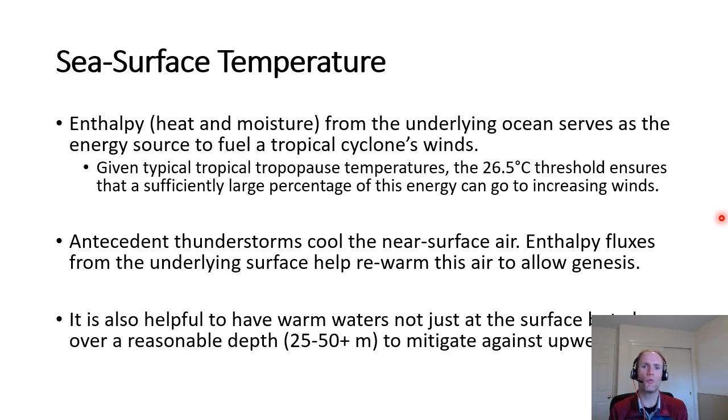So that's going to bring water from beneath the surface toward the top, and we want that to be sufficiently warm so that when we have a tropical cyclone already in place, it will be able to maintain its intensity even if it's upwelling colder water from beneath. So the first two here really get into the idea of formation. This latter one is really talking about after formation.